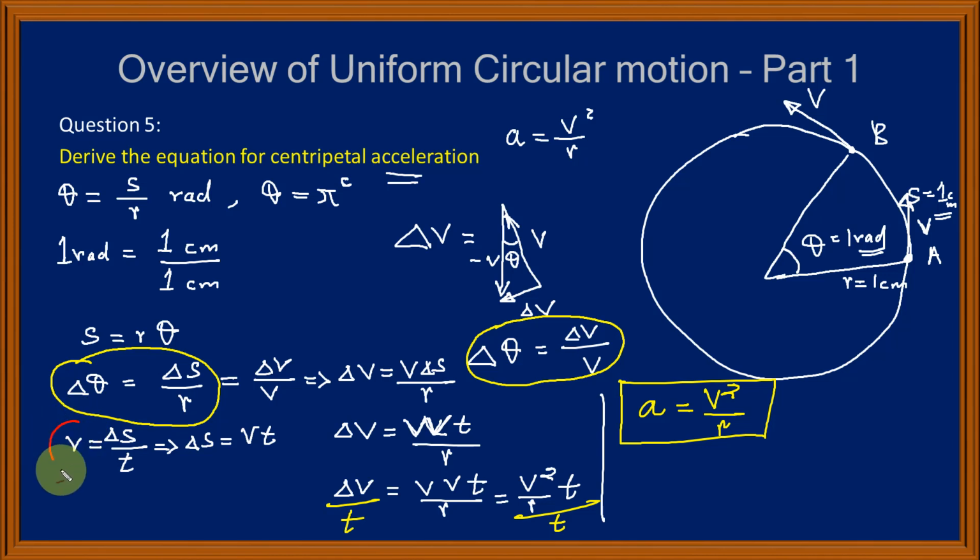We remember the definition of speed as distance covered per unit time. And then we wanted to write the change in length, the arc length, as the subject, because I wanted to substitute it here. And that is exactly what I did. And finally, this is what I get. So that is how we would derive the equation for centripetal acceleration.